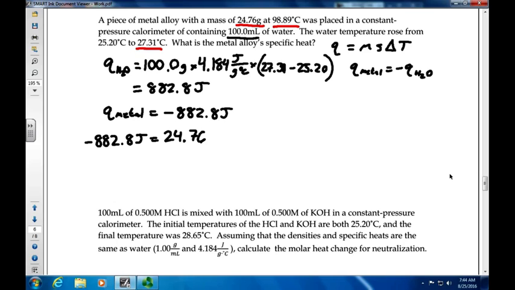So 24.76 grams times S, some unknown specific heat, times the changing temperature, which is 98.89 degrees C minus 27.31 degrees C.